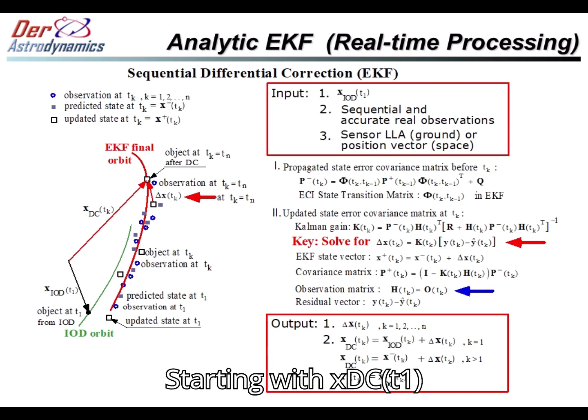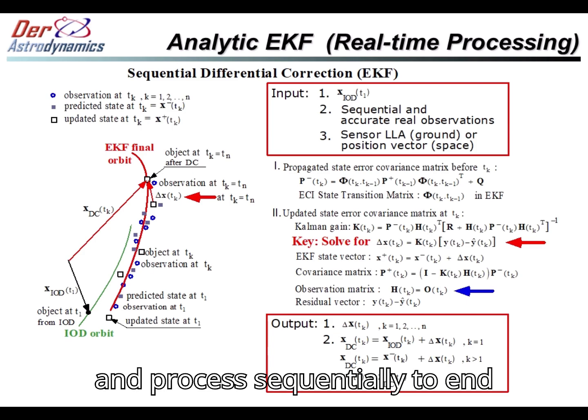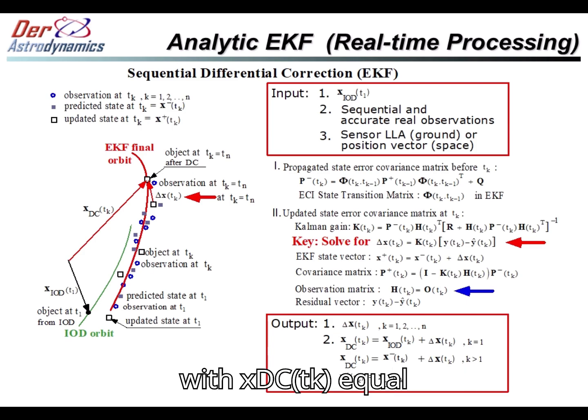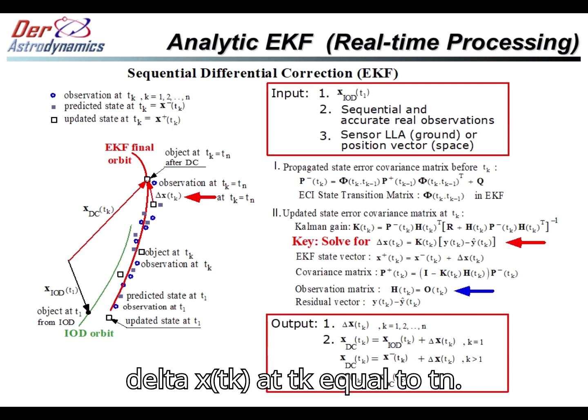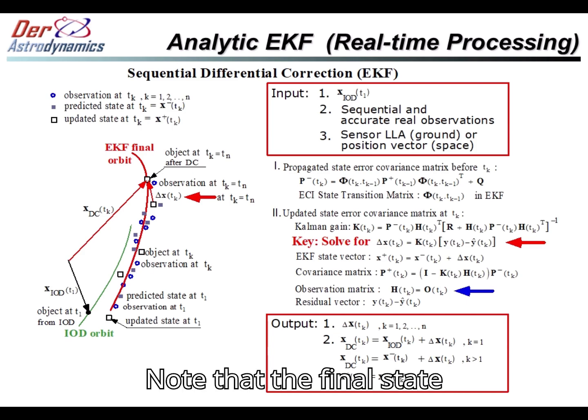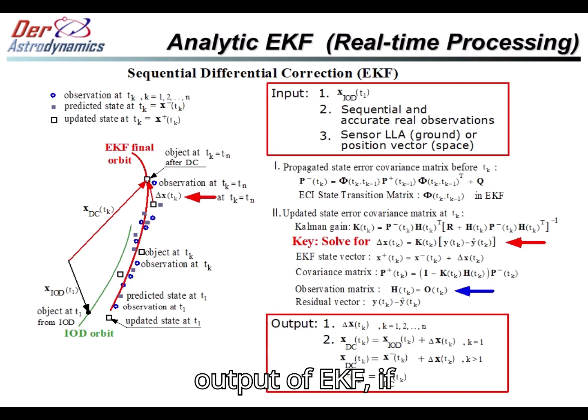Starting with x dc T1 equal to x IOD T1 plus delta x T1 and process sequentially to n with x dc Tk equal to x plus Tk plus delta x Tk at Tk equal to Tn. Note that the final state covariance matrix P plus Tk may also be included as output of EKF if desired.